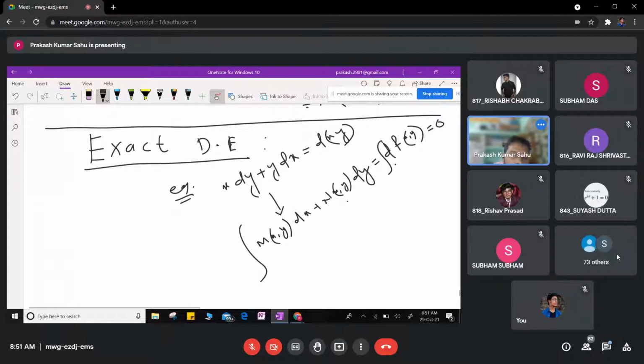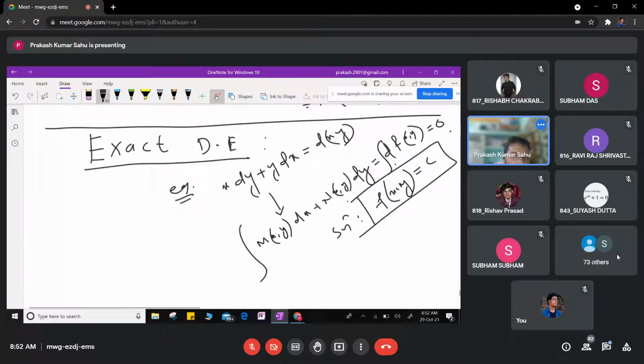Yes, sir. When you integrate M dx plus N dy equal to 0, if you write M dx plus N dy in the form of d of some function, the derivative of some function, then you can easily integrate it. Integration and derivative cancel out, and you will get f of xy is equal to c. This is the solution.